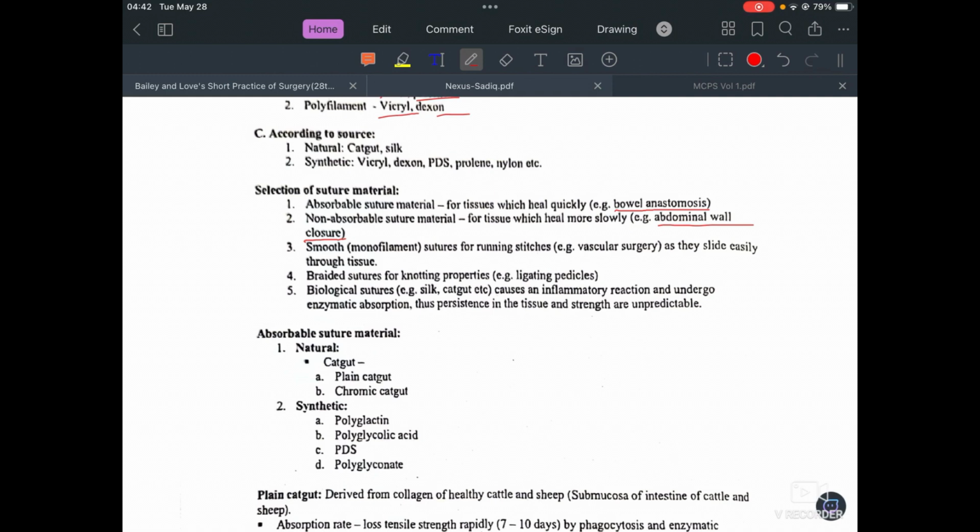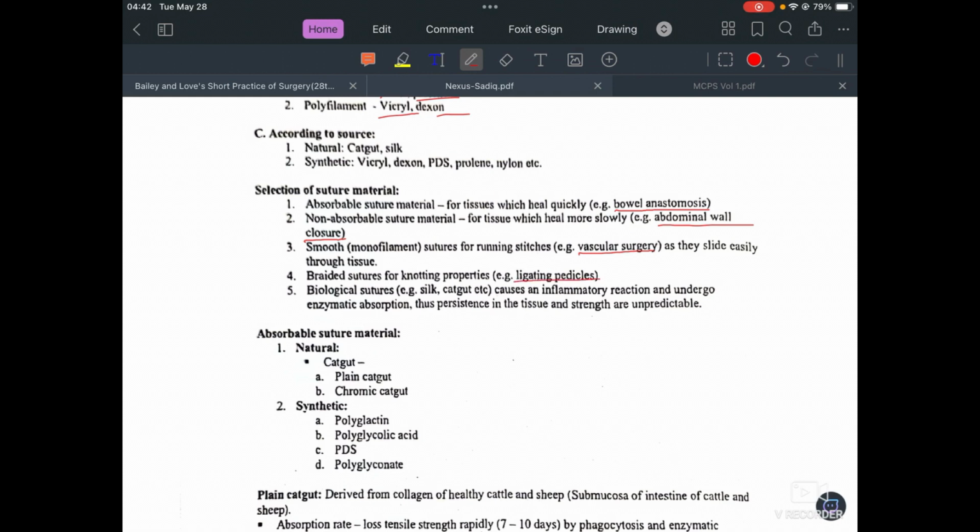Smooth sutures for running stitches, like in vascular surgery, they need smooth running sutures as they slide easily through the tissue. Braided suture for the knotting properties. If the suture is braided, then we need its knotting properties, like for ligating particles.